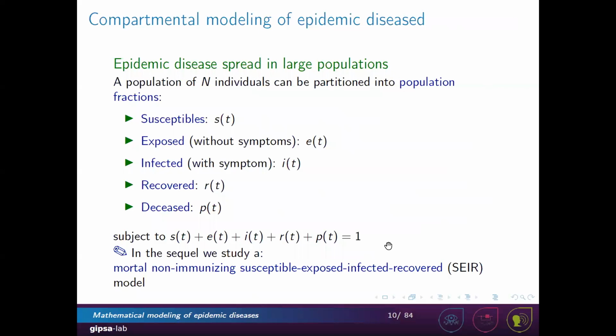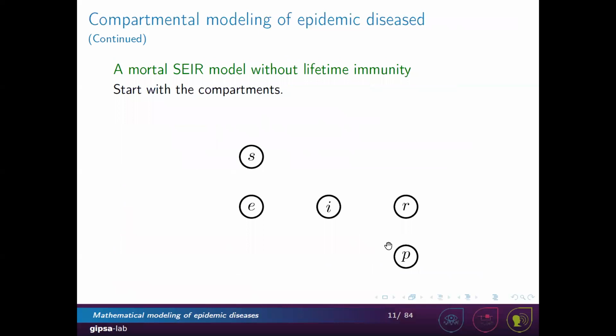We consider the case of mortal and non-immunizing diseases, for example, just like the COVID-19 virus. In order to build the model, I will show each of these groups with a variable, S, E, I, R, and P. And we want to visually relate these groups together.